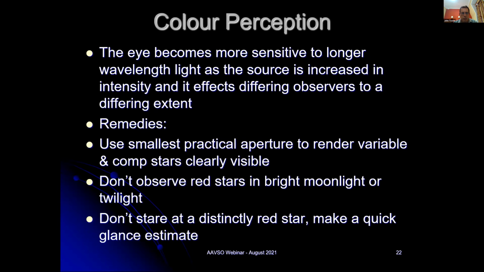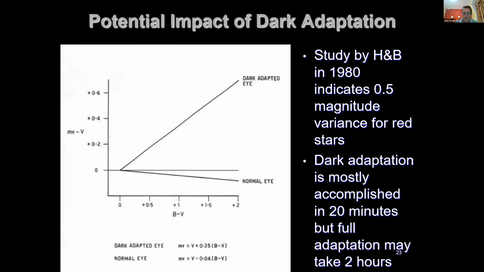And don't observe red stars in bright moonlight or twilight, because the color contrast will also enhance the issue here. And don't stare directly at a red star if it's distinctly red. Make a quick glance estimate.